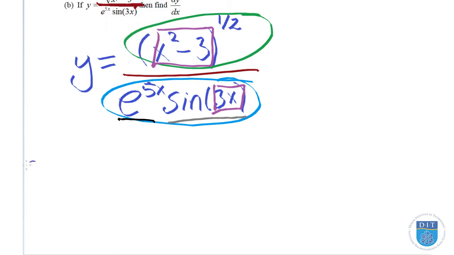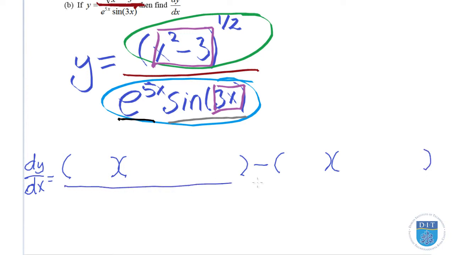Right, dy/dx equals, okay, bottom by derivative of top minus top. Because the bottom I don't do anything to, the second brackets are always the jumbo ones, minus top by derivative of bottom.